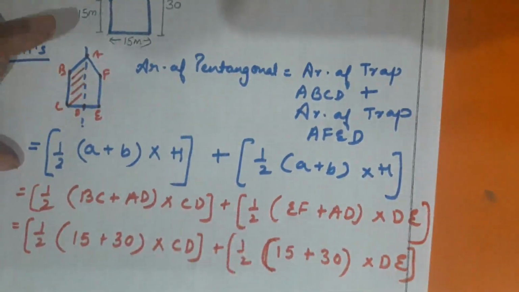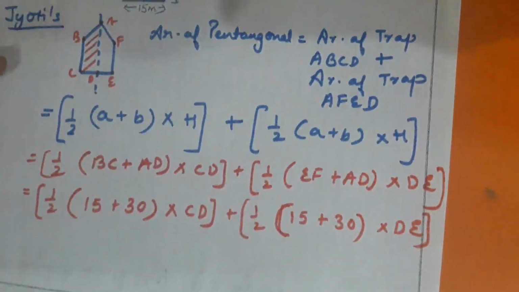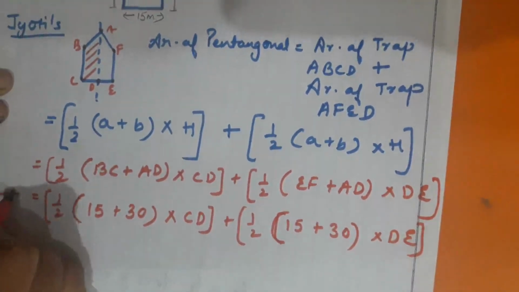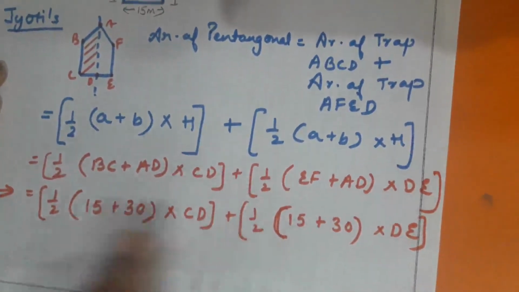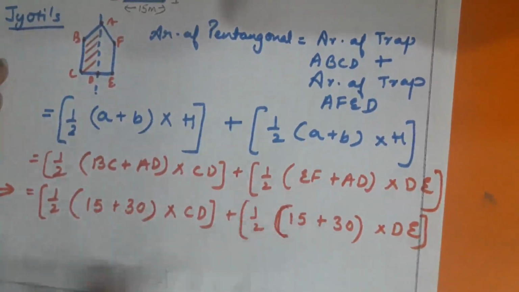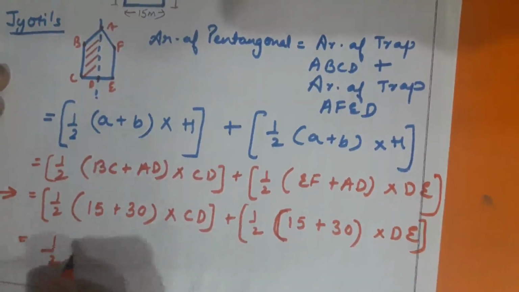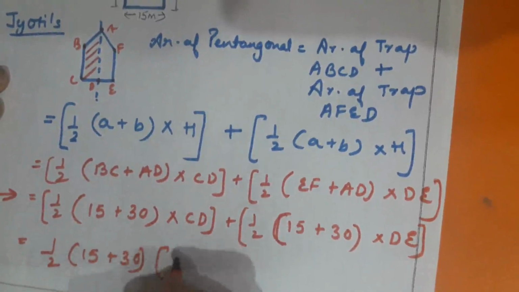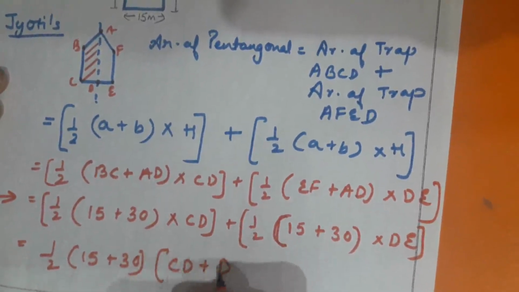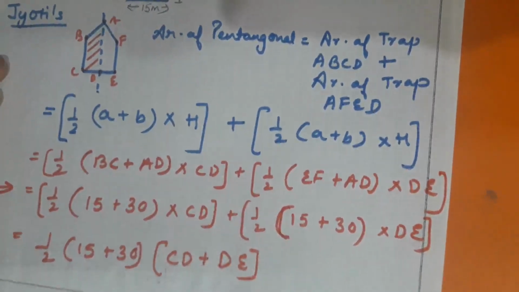Okay, after putting these values, if you concentrate on this expression, half and (15 plus 30) are common, so we can write them one time outside the bracket, and only CD plus DE is left over.